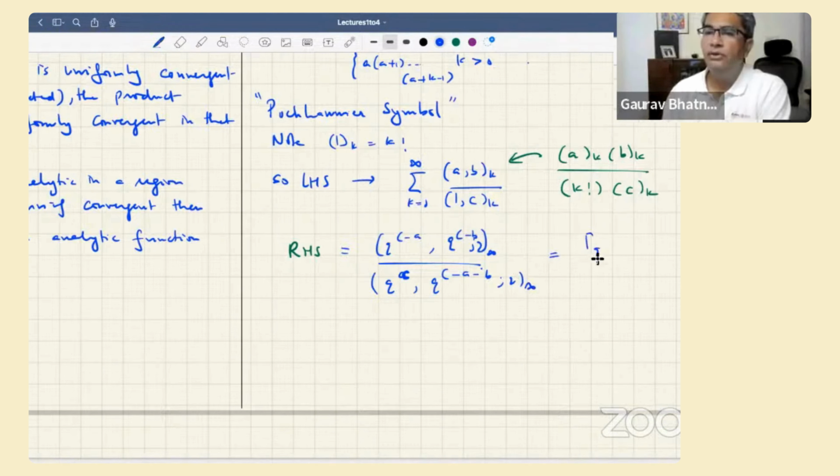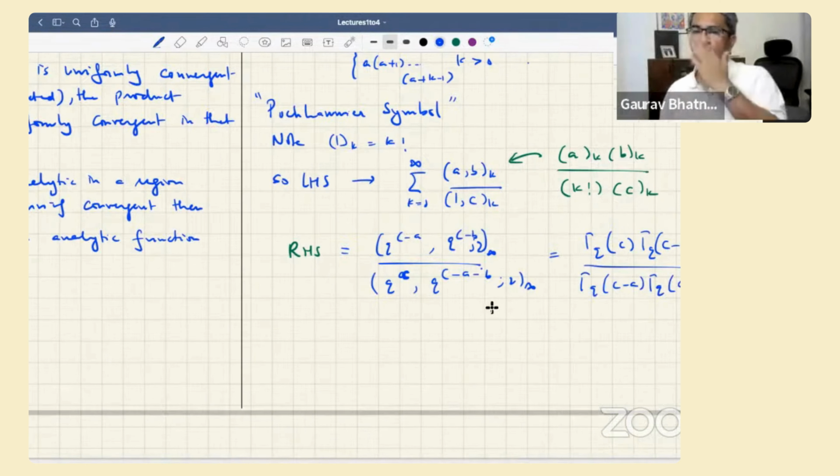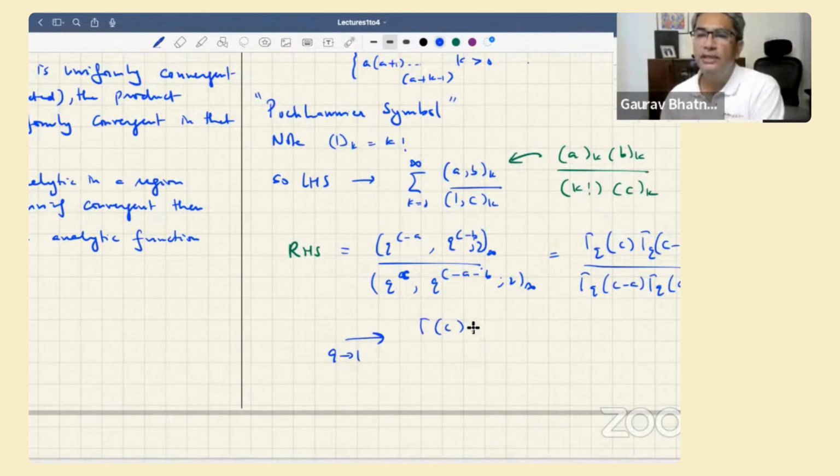And I could use the q gamma function to write it like gamma q of c, gamma q of c minus a minus b, over gamma q of c minus a, gamma q of c minus b. So you multiply and divide by various things. And now when you take the limit as q goes to 1, this goes to gamma of c minus a minus b.